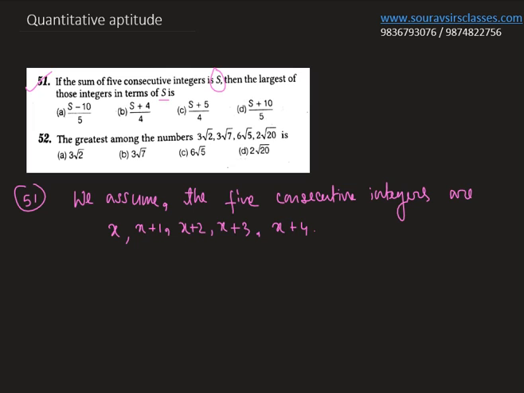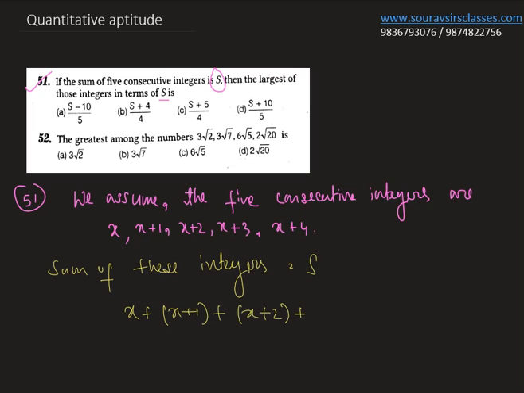And by the question, the sum of these integers is s. Therefore, we can write x plus x plus 1 plus x plus 2 plus x plus 3 plus x plus 4 is equal to s.